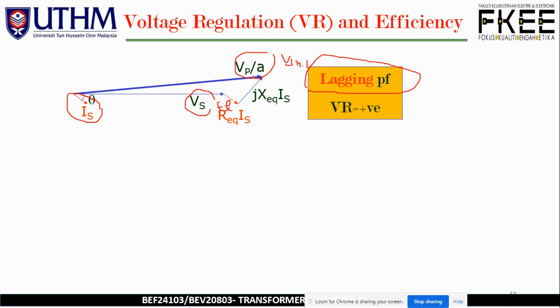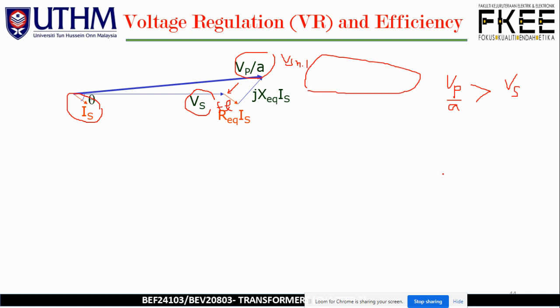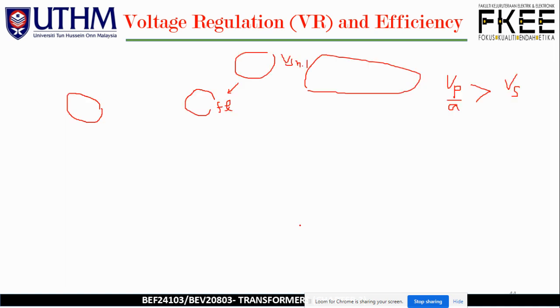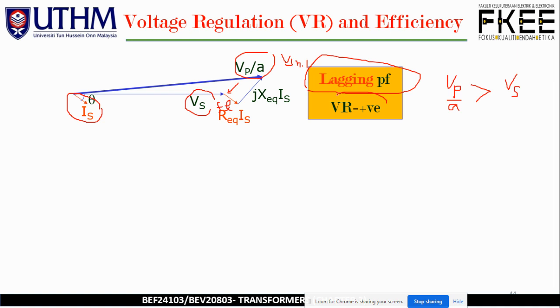Okay, so it happens over here that if you look at the length of the thick blue arrow, it is much longer compared to Vs. All right, this means we can say that the magnitude of Vp over A is greater than Vs. Okay, and due to that, Vp is greater than Vs, and from here let's say we have 5 minus 2, so it will give a positive result. So it will give a positive voltage regulation.